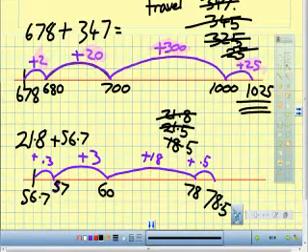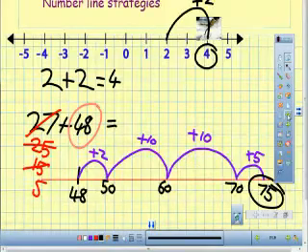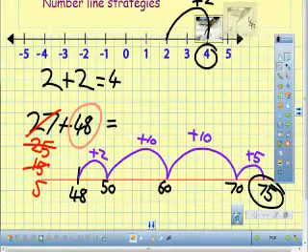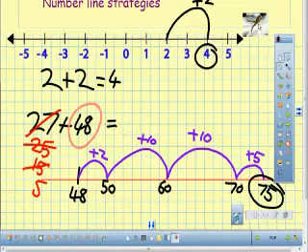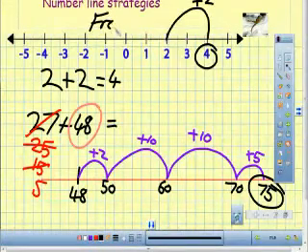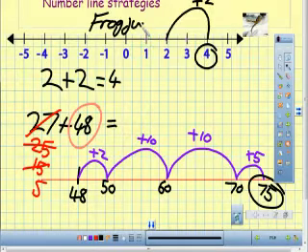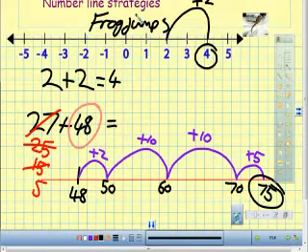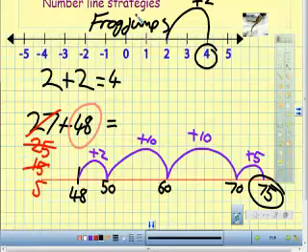Same process, travelling up a number line, using our friend the frog. So as a number line strategy, we could call that frog jumps. And you can remember to make those little jumps up the number line.